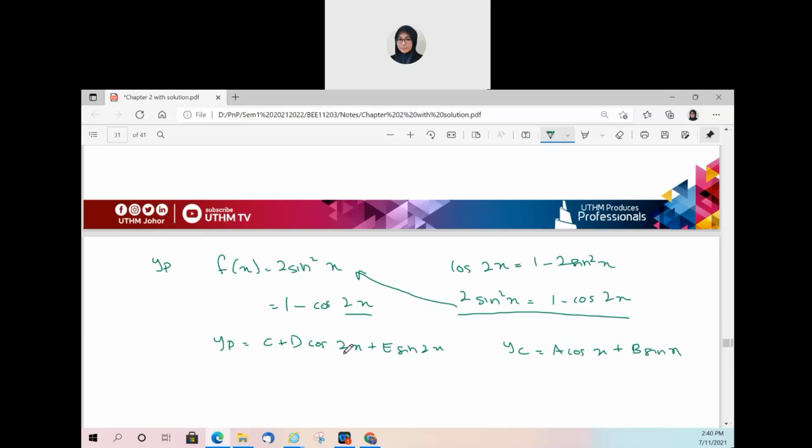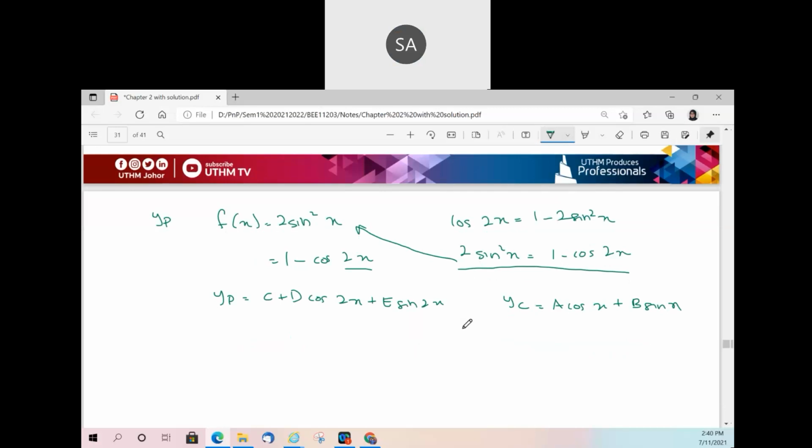This one is cos 2x. This one cos x. Sin 2x, sin x. So tak sama. So your YP is not equals with YC. Then you can directly use this YP. So kita guna YP ni.